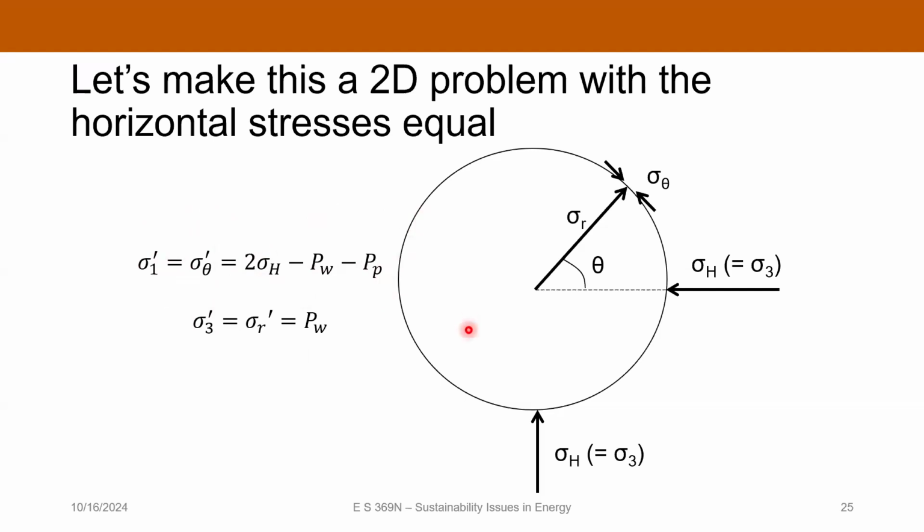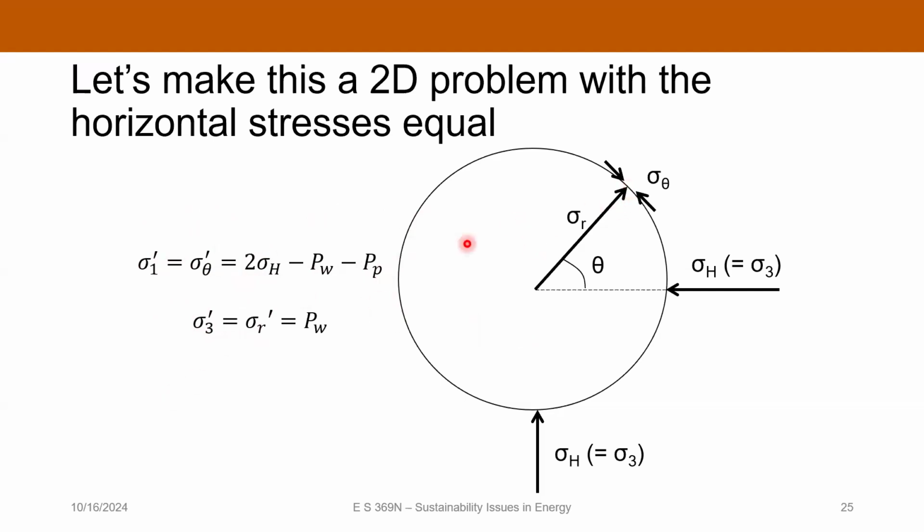Okay, and shear failure is going to occur when the radial stress is the minimum principal stress. So that's going to define how big our Mohr circle is locally on the borehole wall.